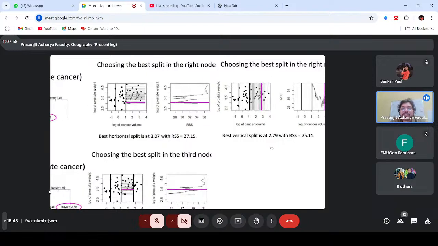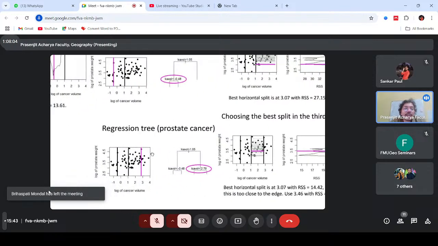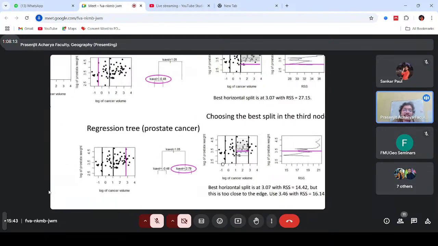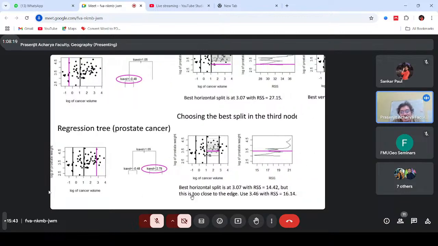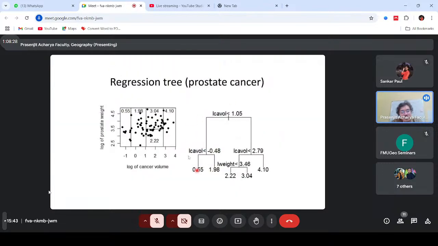Therefore, the best splitting criteria would be 2.79. That's this, okay? If I keep on splitting the space into more subspaces like this, I can make up a nice decision tree, which looks like this. You start with the log of the volume, then the next splitting criteria is this, and likewise we built a nice regression tree.